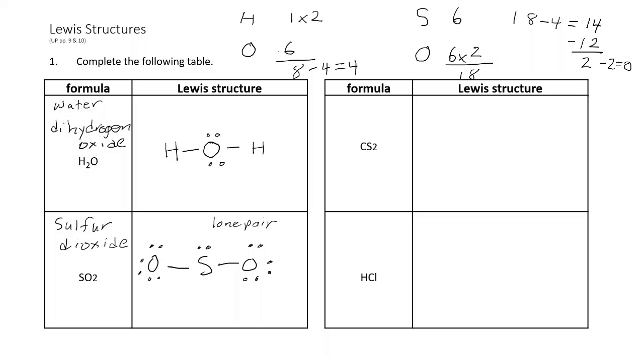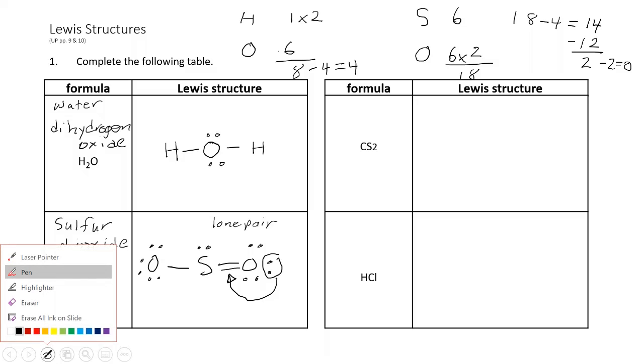Well, what we're going to do is just pick 2 electrons. It doesn't matter which ones you pick. How about if I pick these? I'm going to pick these, and I'm going to form a double bond. Okay, so I have to get rid of those.